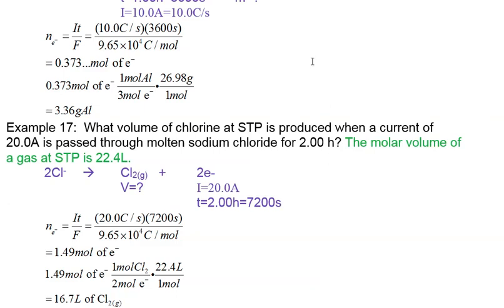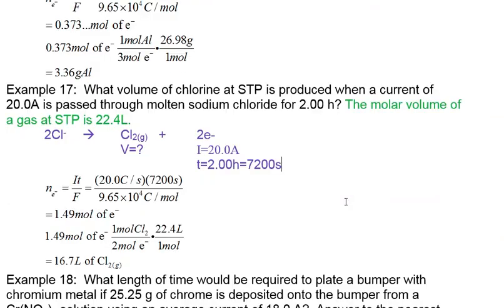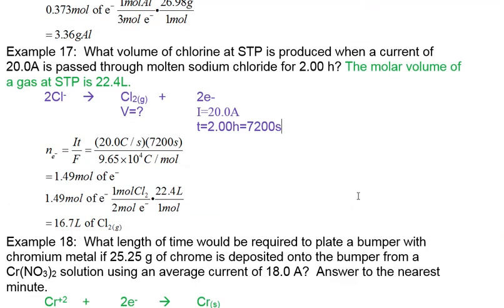So those two were both going the same direction, where we knew current and time, and we were trying to figure out how much of something was produced. The next example, we know how much we want to have produced. We could look at either current or time in one of these questions. In this particular question, we're looking at time. And very often on these questions, we end up with some pretty large time amounts.